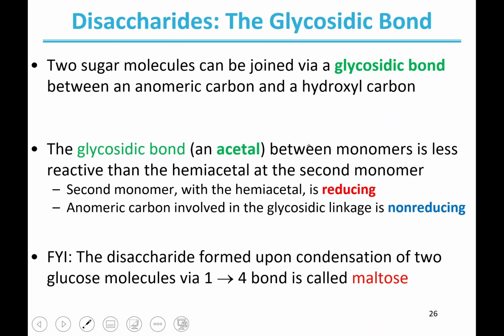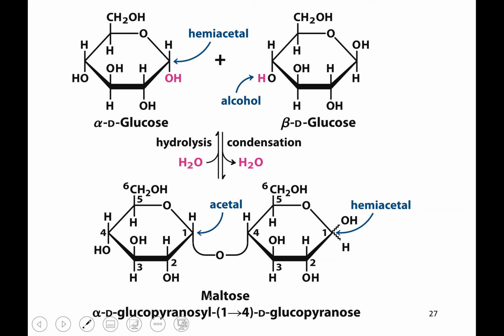So a disaccharide formed upon condensation of two glucose molecules via a 1,4 bond is called maltose, and we're going to see examples of that. So we have two glucose molecules. On the left, we have alpha D-glucose. On the right, we have beta D-glucose.